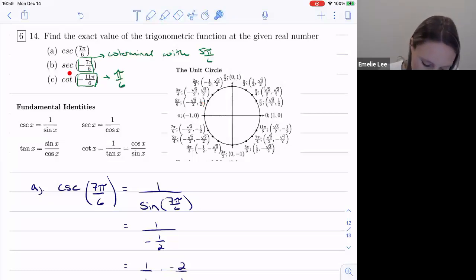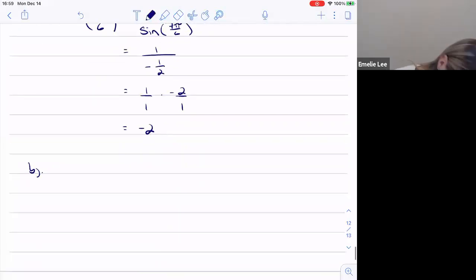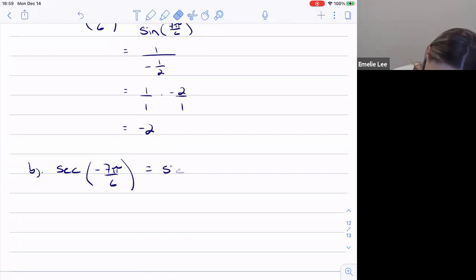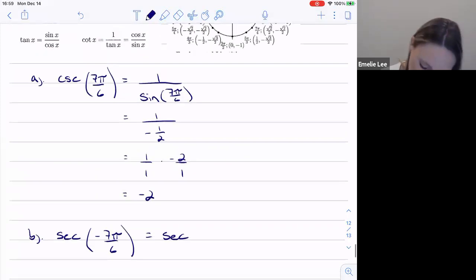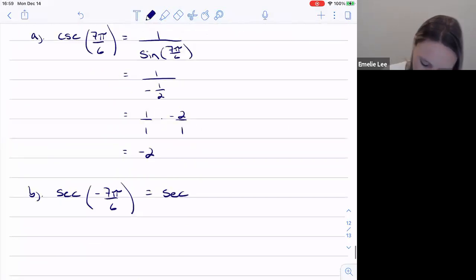So the secant of negative 7 pi over 6 is the same as the secant of, what did we say, 5 pi over 6.